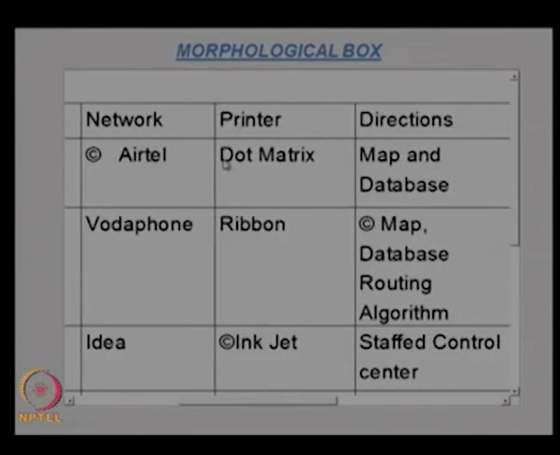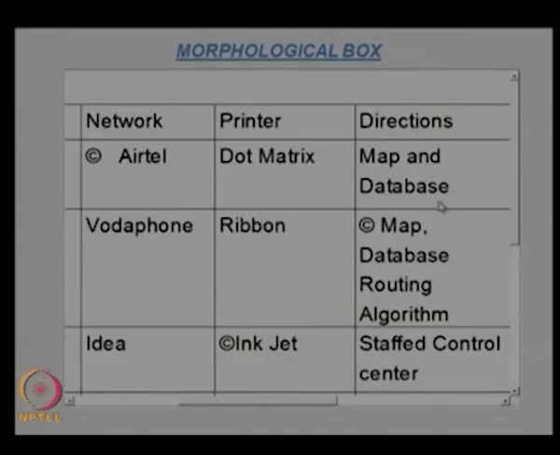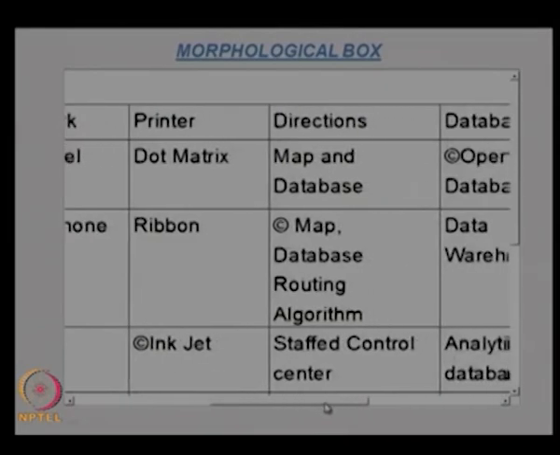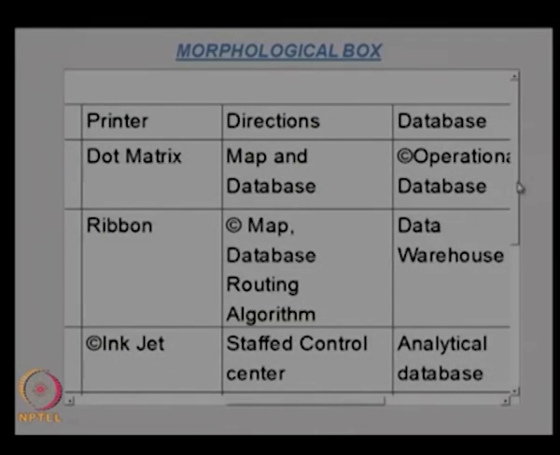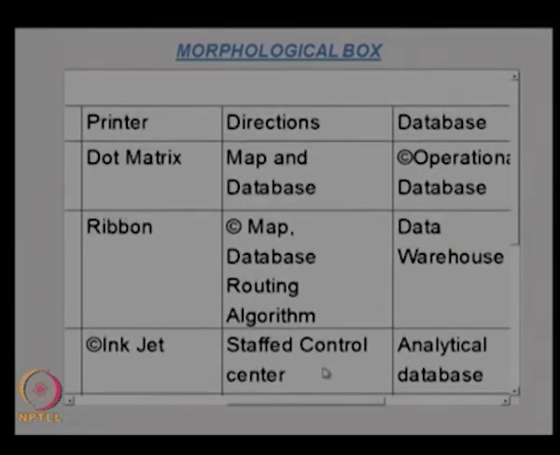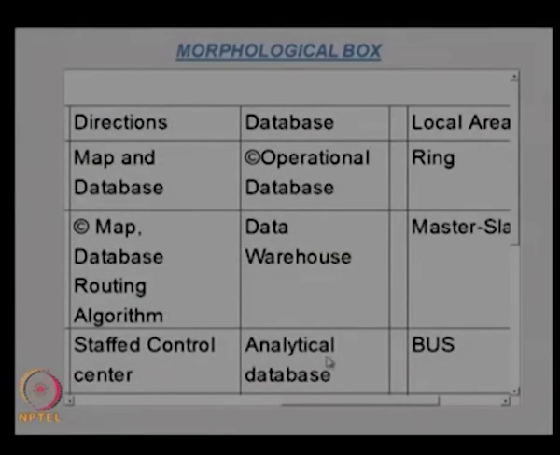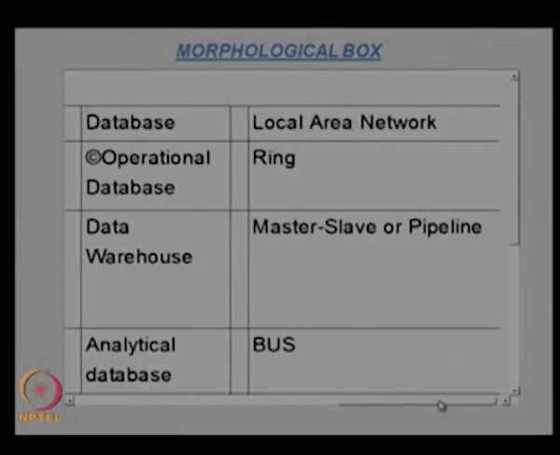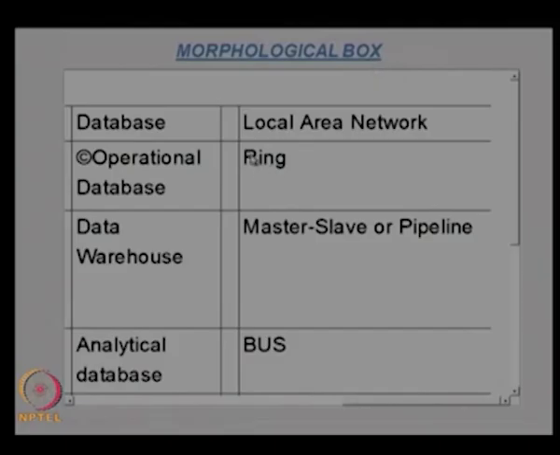You can have different kinds of printers, inkjet or dot matrix. For the directions you can have different databases, or the already existing software or algorithms can be used for this purpose, and the database can again be chosen from the existing databases, or we can develop our own database. And then a local area network can be opted for based on different options available.